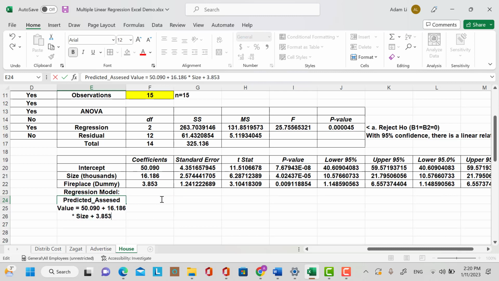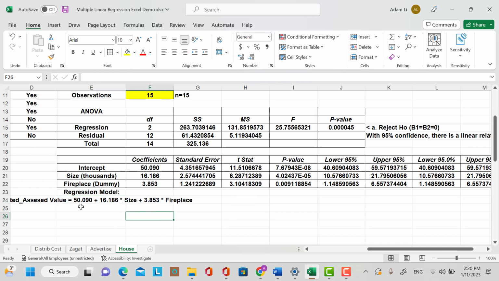If there's a fireplace, the assessed value will go up by 3.853 units. So that's our regression model.